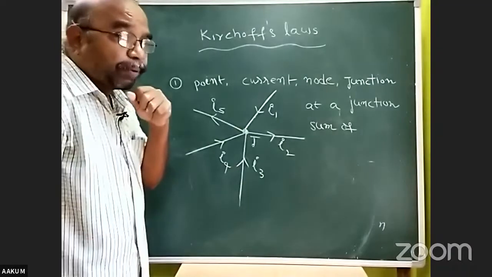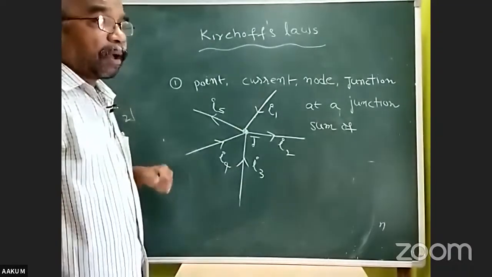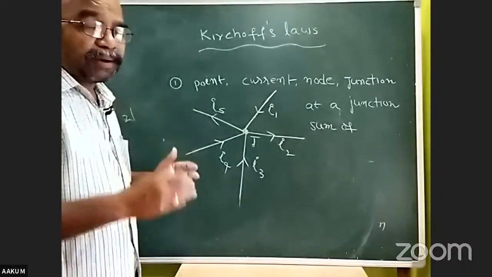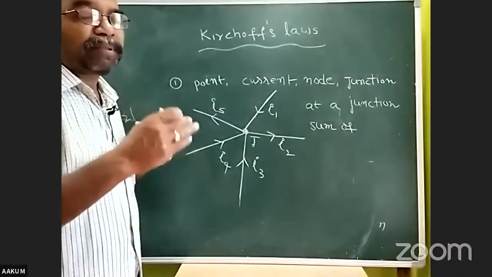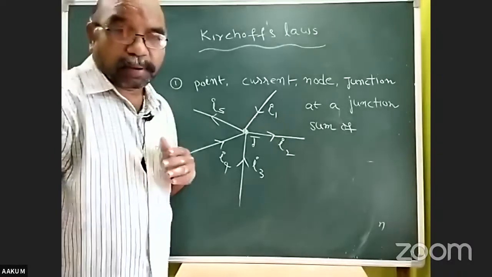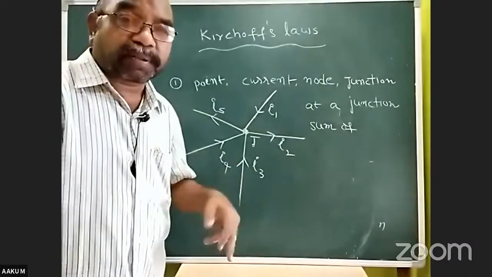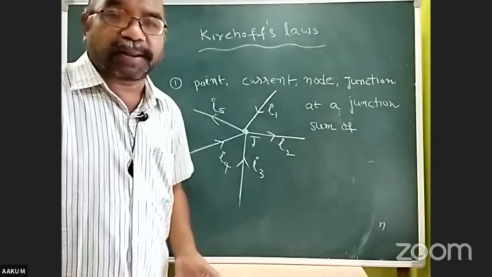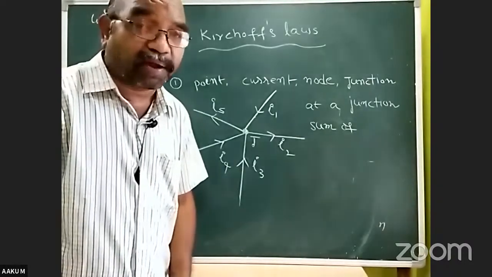What does algebraic mean? Algebraic sum means adding currents after giving proper signs. After giving a proper sign to each current and summing them up, that is called the algebraic sum of electrical currents.